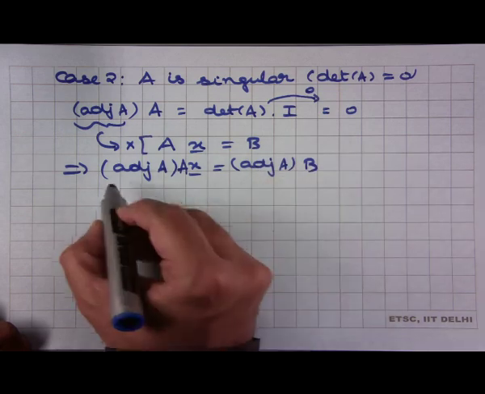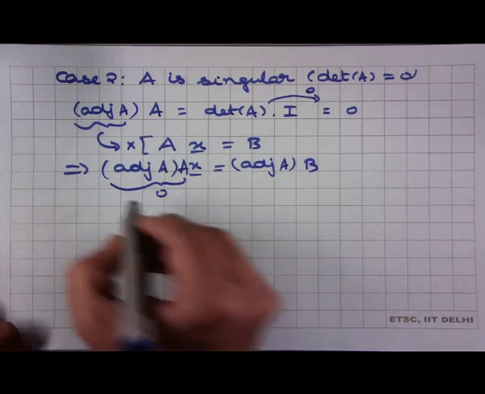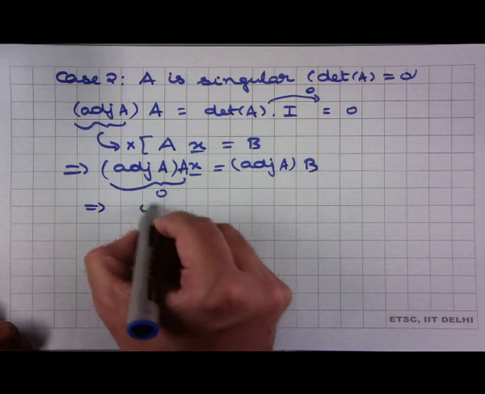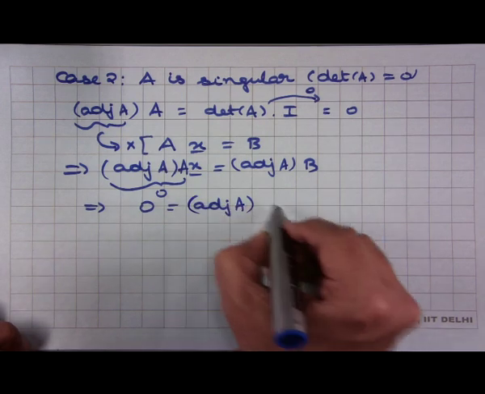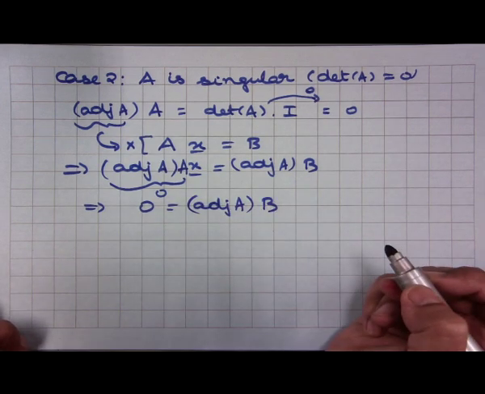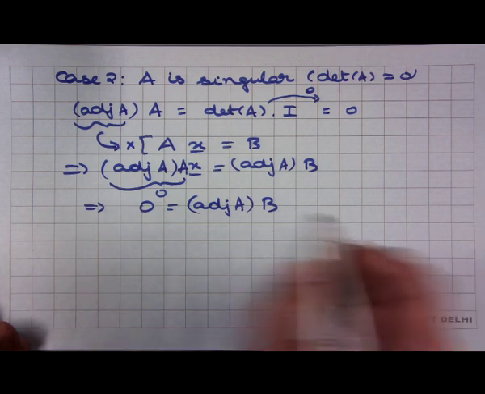Now, from here we know that this term is 0. So, the left hand side is 0 and then we have adjoint of A times b. Now there are two cases.